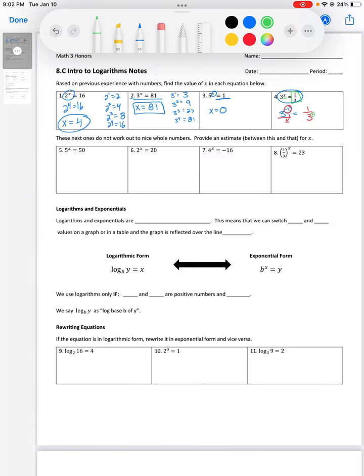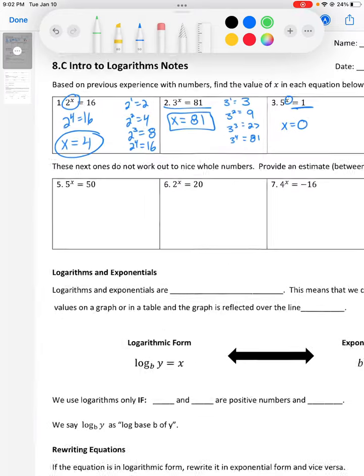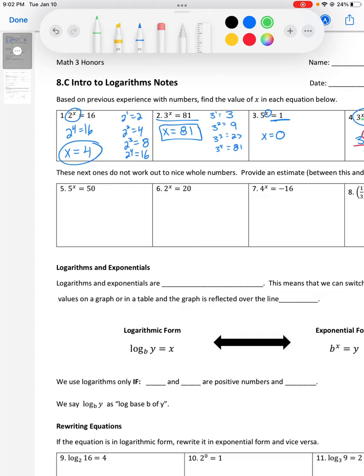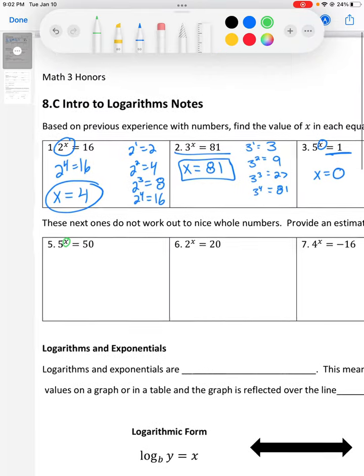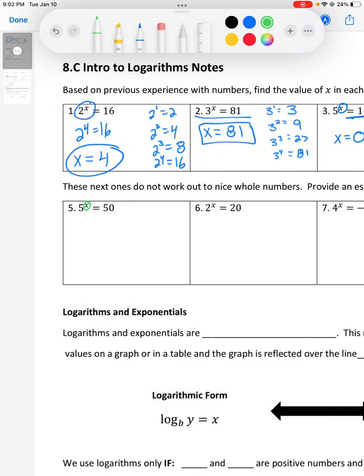So now we're gonna look at the next ones. The next ones don't work out perfectly like the ones above. So there's no whole number that you could plug into that to get 50. It's gonna be a decimal. So I want you to provide an estimate. What 2 numbers would x have to be in between?